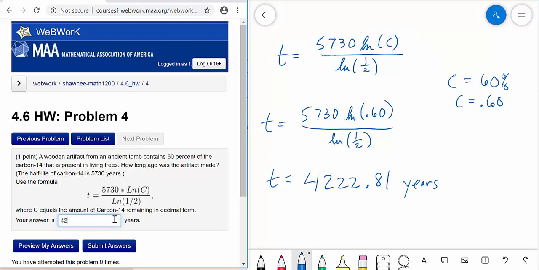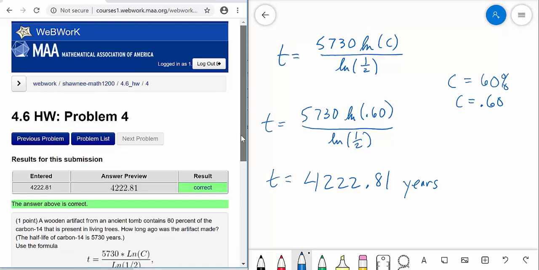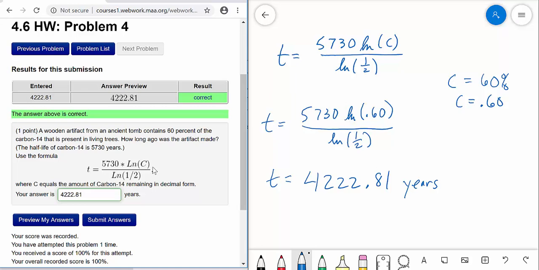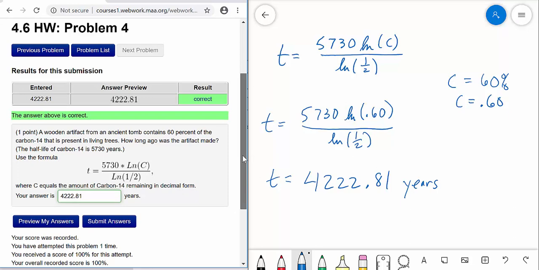If we just type in 4,222.81, submit, we get a correct answer. It's important when you're plugging in the number C here that you use the decimal form, so if you have 60%, you type in 0.60 and so on. And that finishes the section 4.6 homework.